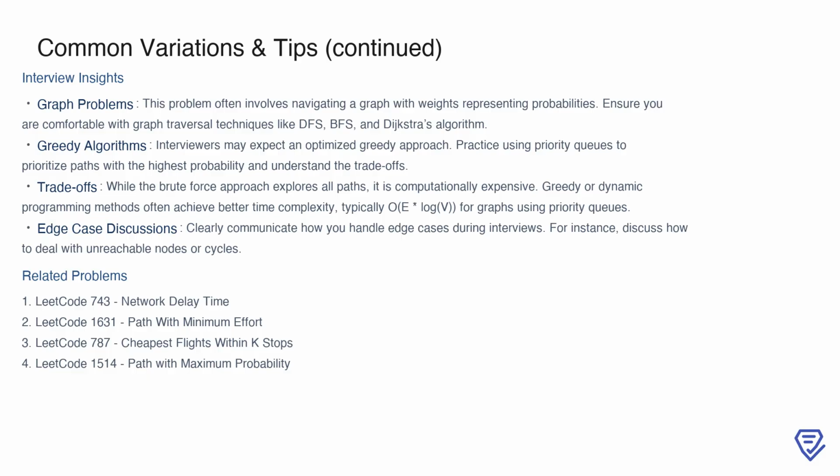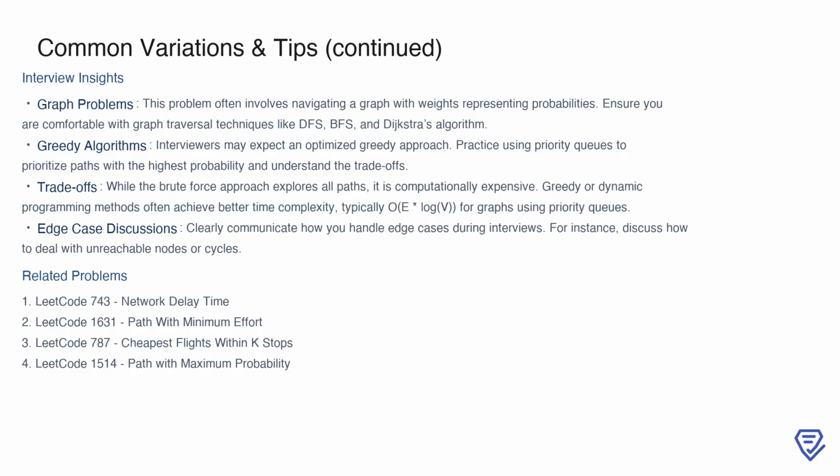While brute force explores all possible paths, it's computationally expensive. Greedy algorithms or dynamic programming methods typically achieve better time complexity, often around E*log v, when using priority queues. During interviews, it's also important to clearly articulate how you handle edge cases. For instance, you should be able to explain how your solution deals with unreachable nodes or cycles in the graph.